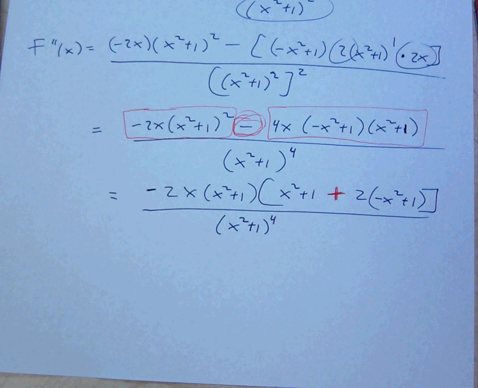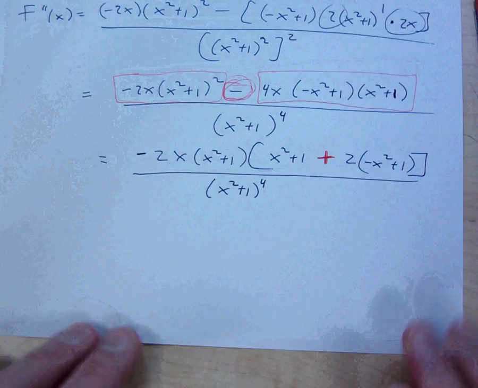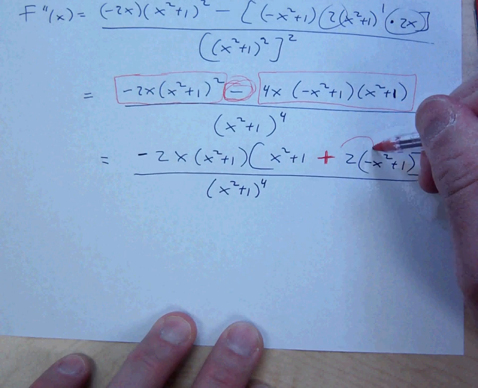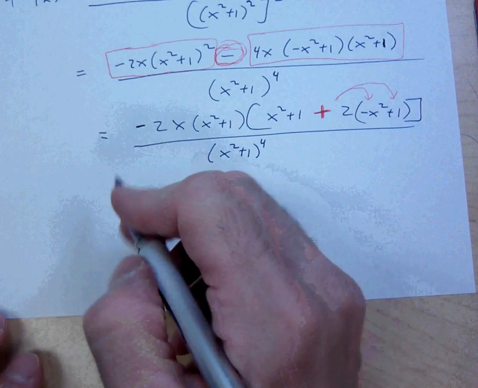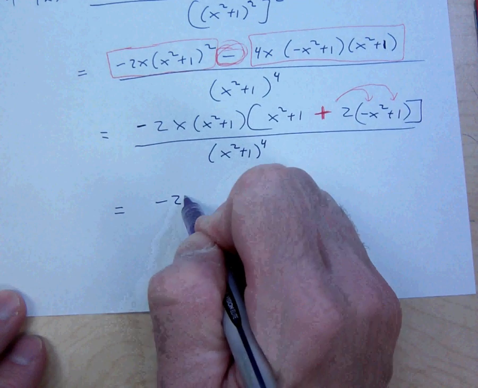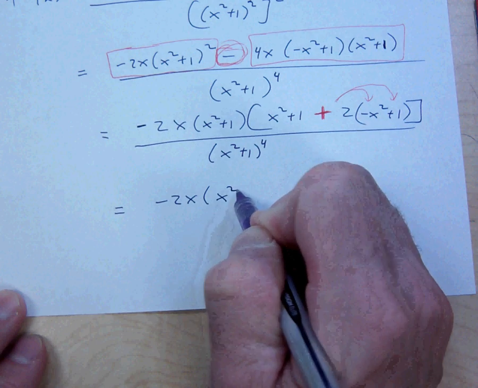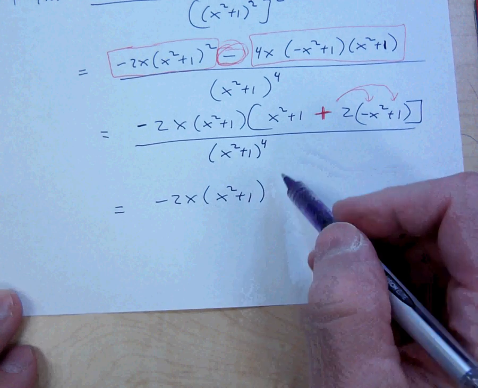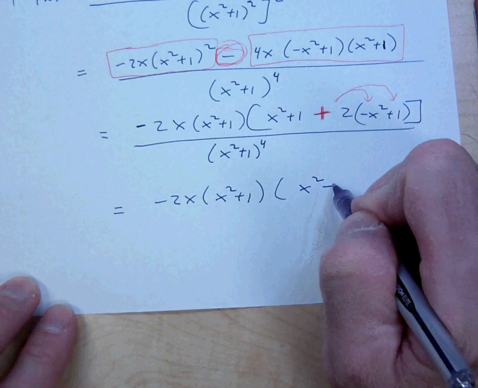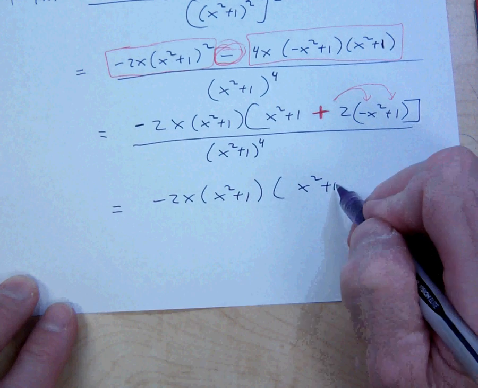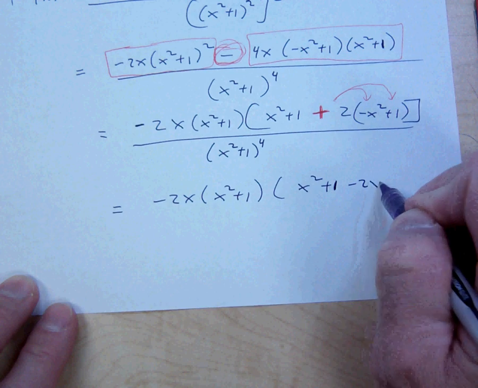Yes? Okay, now I'm not done. I'm still not ready to pick out where this thing is 0 or undefined. So what do I got to do now? Distribute the what? The plus 2? Okay. And you get a what? A minus 2x squared and a plus 2?